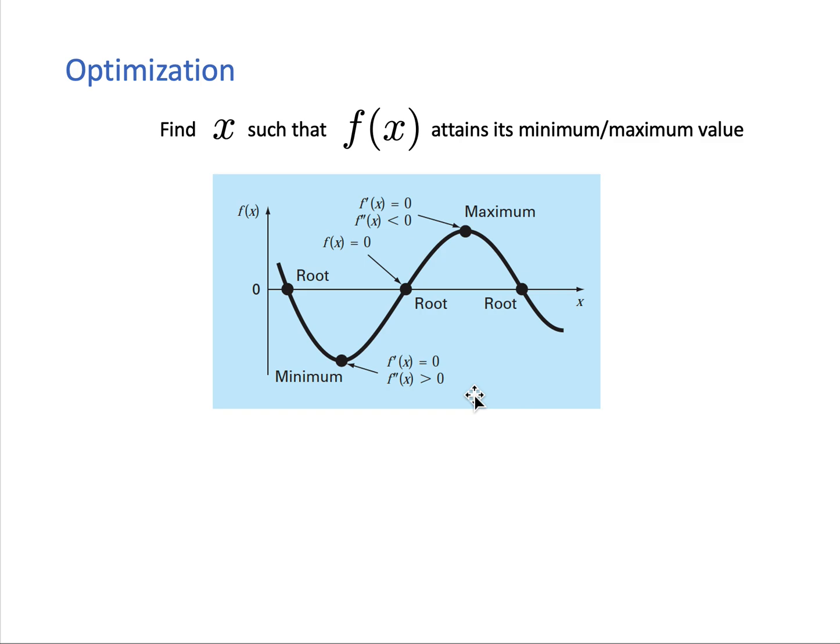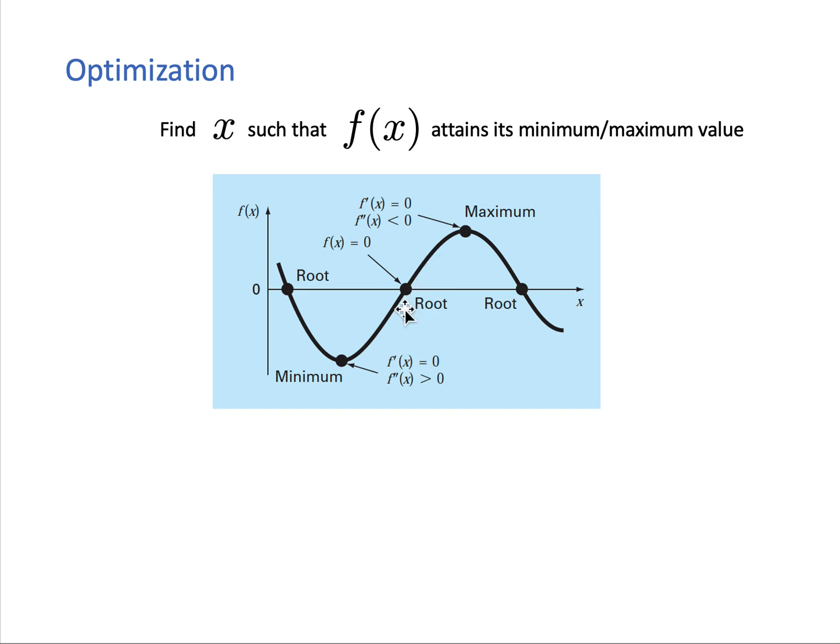The first requirement for both minimum and maximum, as you can see from this figure, is that the first derivative of the function f of x must be 0 at that point. If it's not 0, for example, here in this point in the middle, then that means that there is a direction where I can go that will increase the value of the function, and therefore that point cannot be a global or local maximum. We'll talk about that in a second.